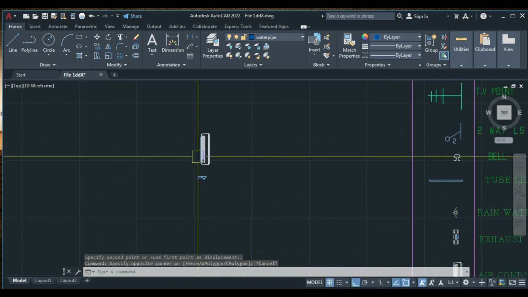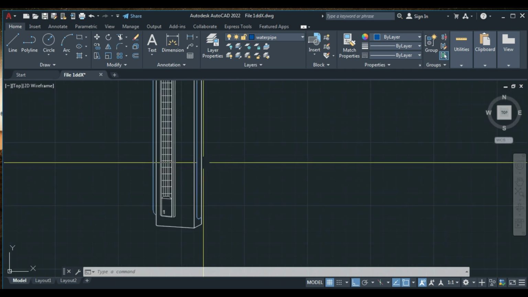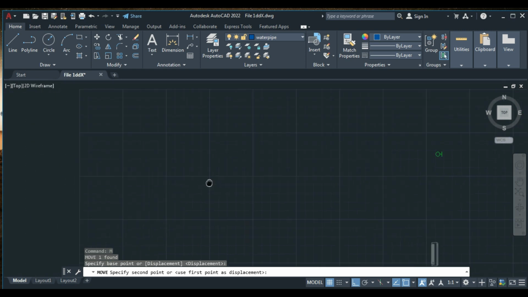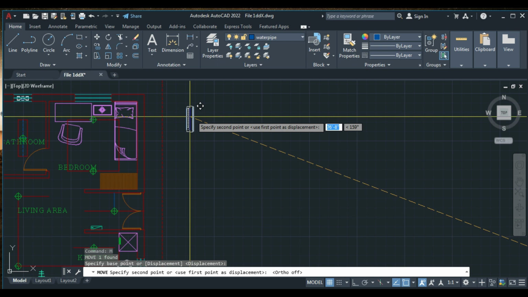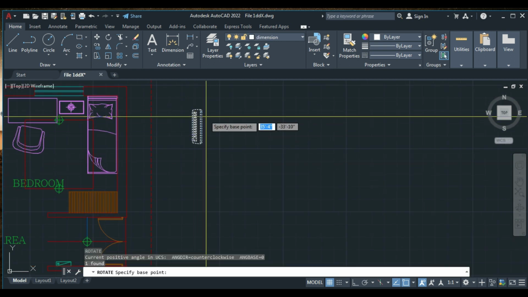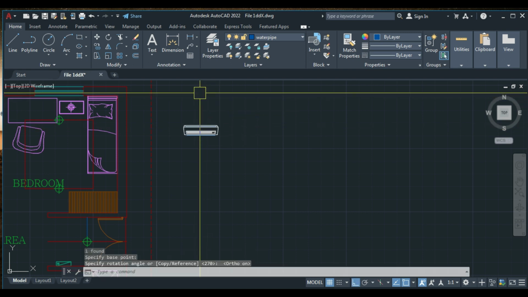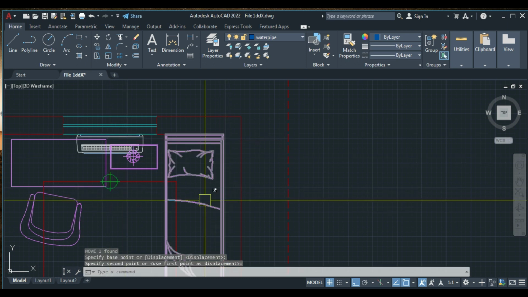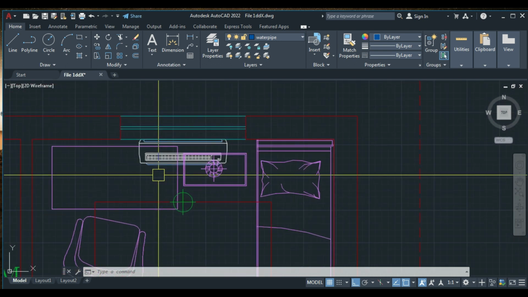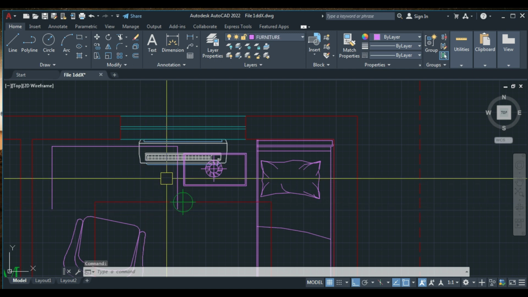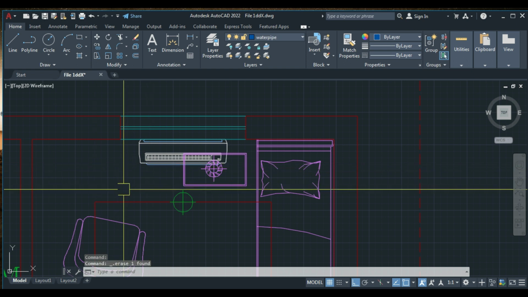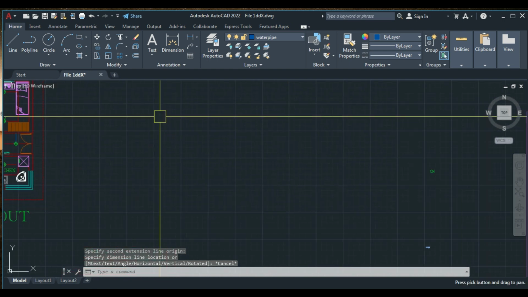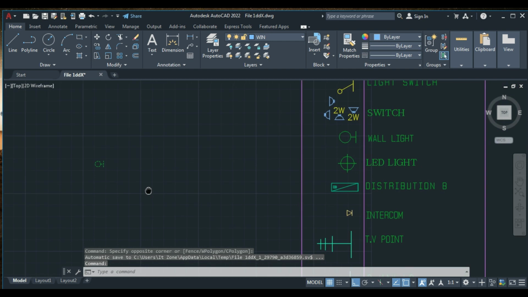Air conditioners are usually provided over windows. The next symbol is for wall bulb. It is usually provided at the center of wall.